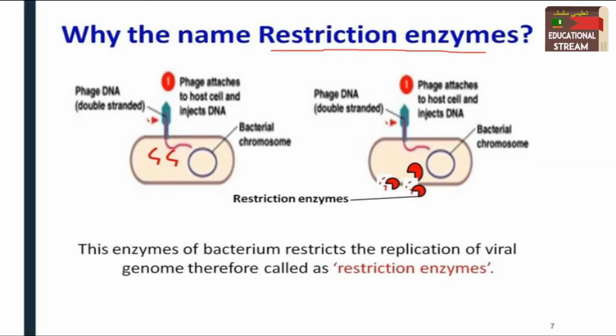That phage DNA can be chopped up by enzymes. These are the restriction enzymes, which chop up the DNA of the viral vector. They restrict the replication of the viral genome, and therefore these enzymes are known as restriction enzymes.